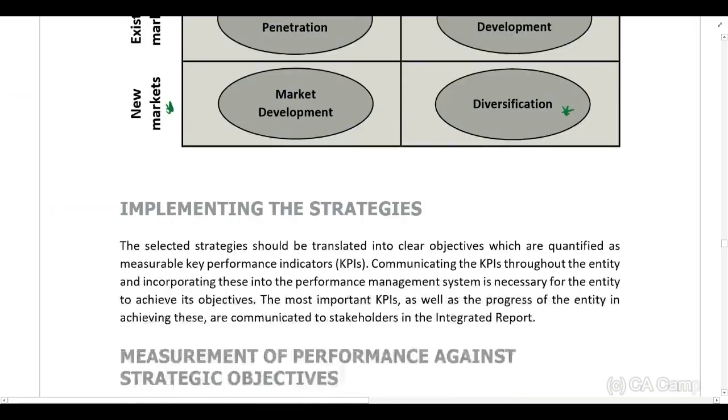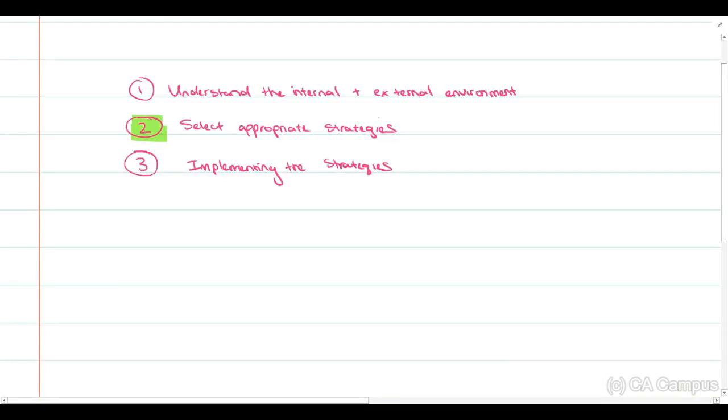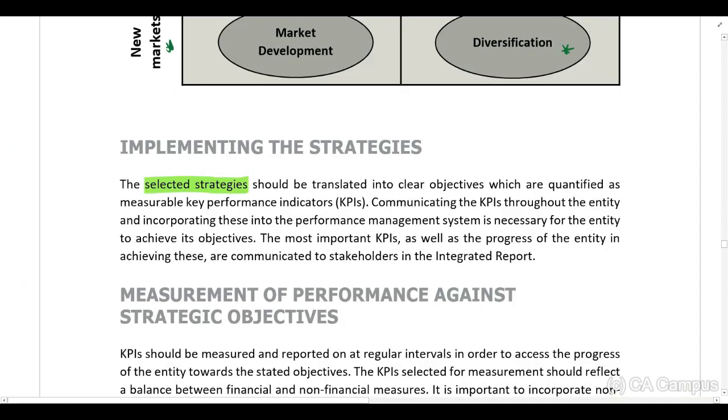So if you go back to your lecture notes, after we have selected our strategy, we looked at that in step 2, we now need to translate those into clear objectives which are measurable. So in other words, they must be translated into KPIs or key performance indicators which are measurable. Those KPIs must then be communicated throughout the entity, and they must also be incorporated into performance management systems so that the entity can achieve their objectives.